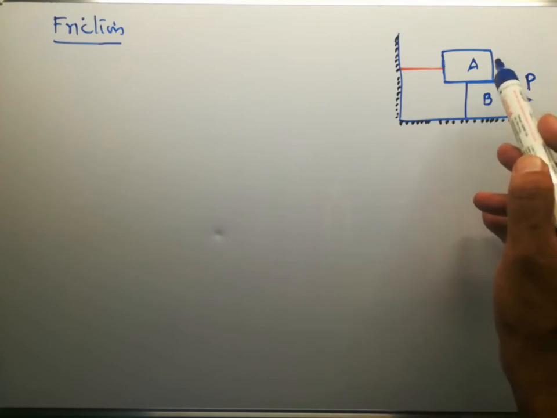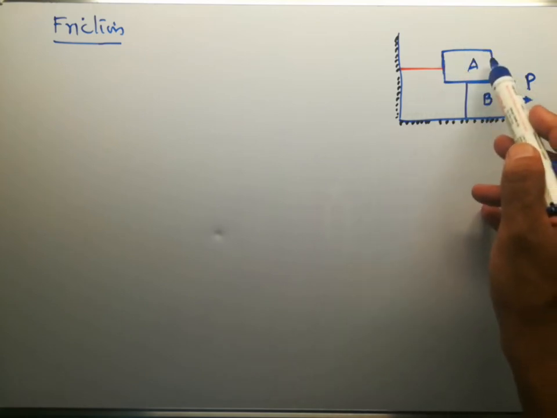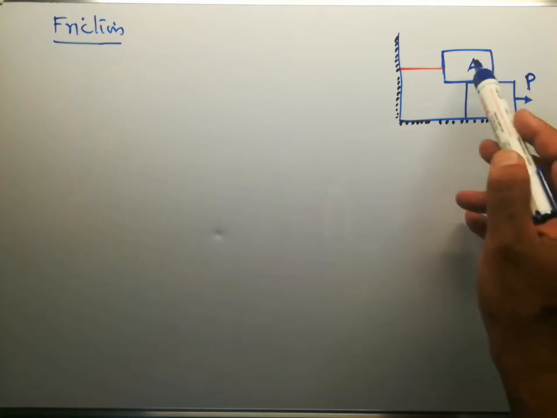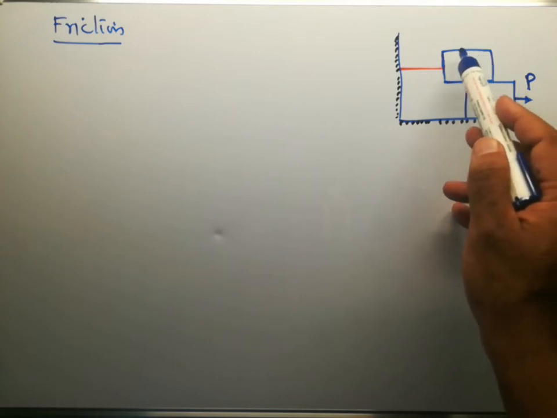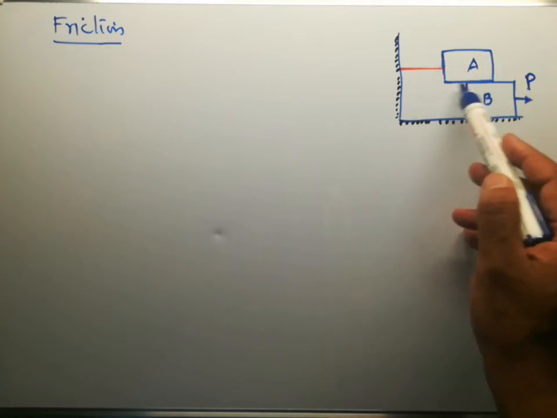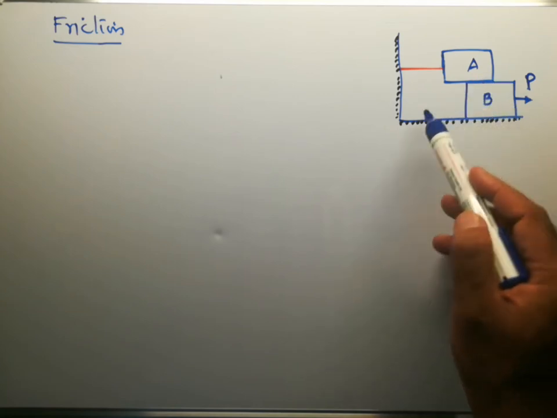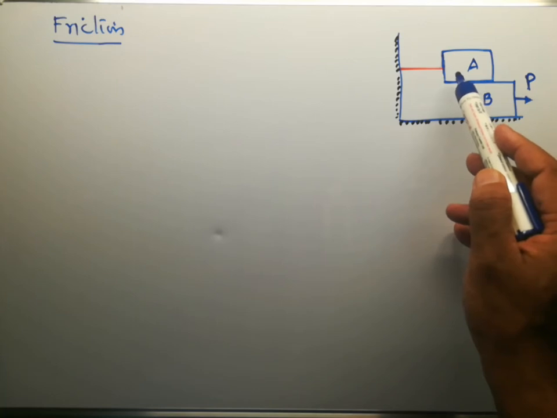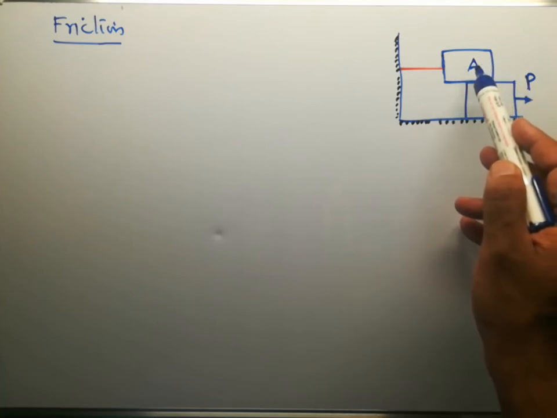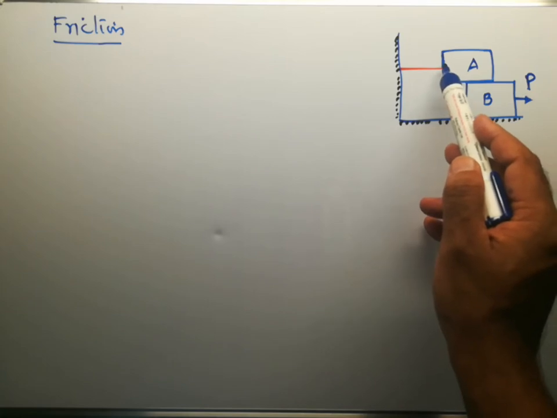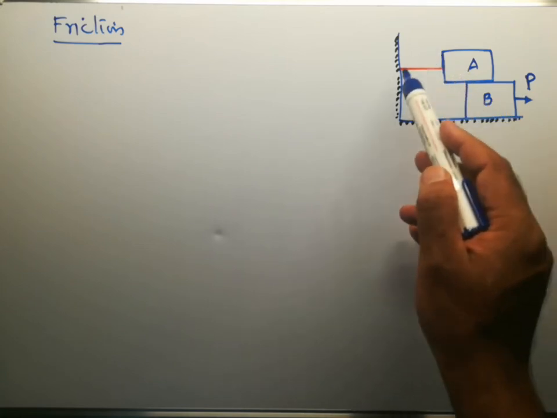If you consider this body, due to the application of force on body B in this direction, the frictional force on block A will be acting in this direction, because block A will have a tendency to move in this direction under the action of the string tension.